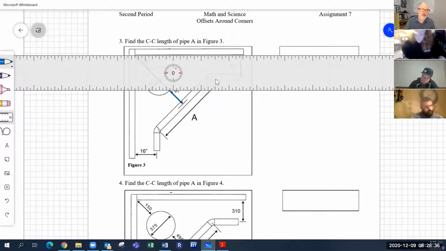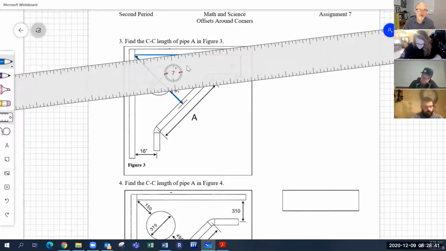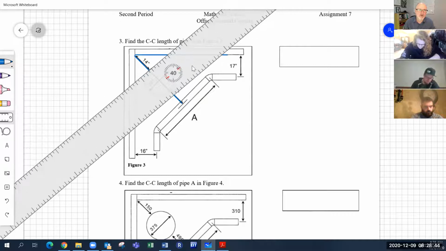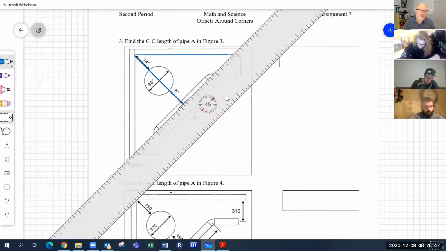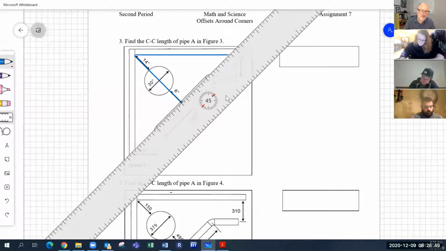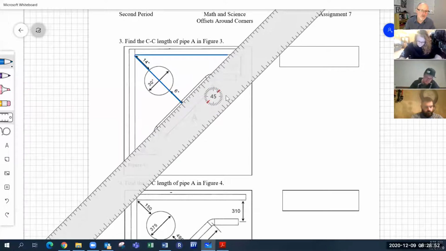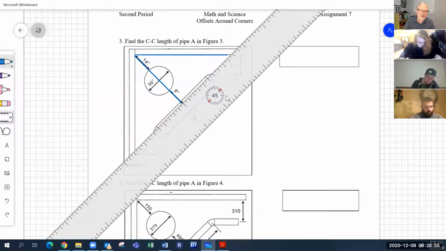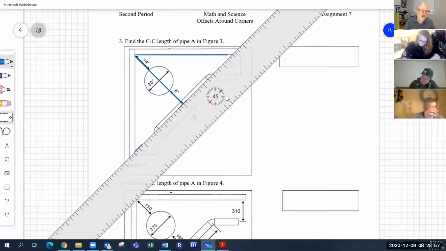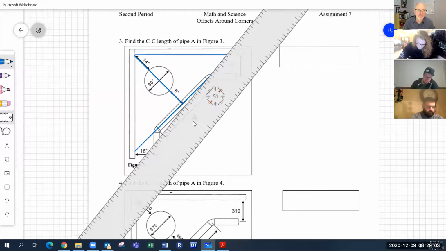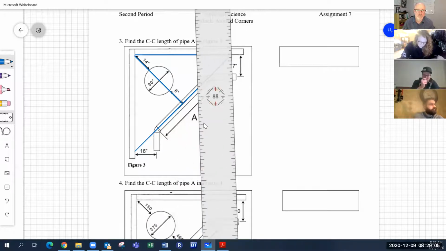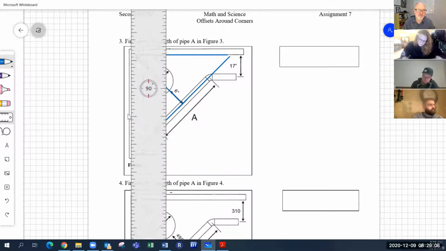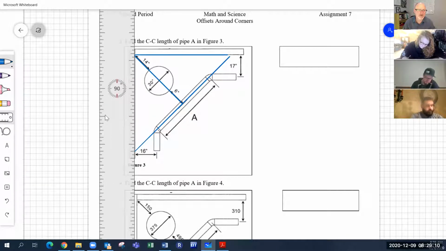Wall to wall. My hand's not steady enough for doing it freehand. So that's why I'm using this ruler.